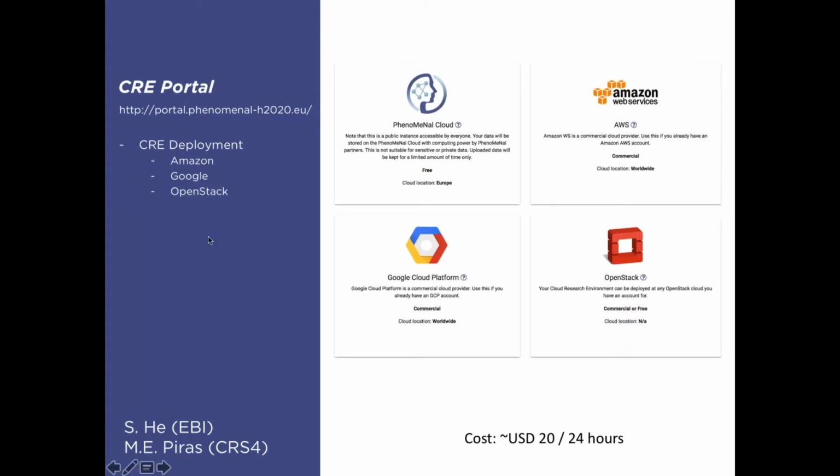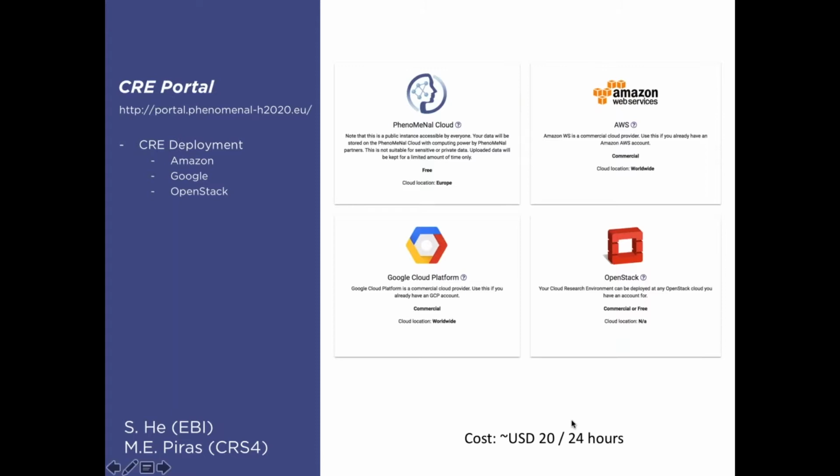The CRE portal, once you are registered, will allow you to deploy to our PhenoMeNal cloud, which is essentially getting an account on our setup, but also to deploy to the Amazon Web Services cloud provider, the Google Cloud Platform, or OpenStack, which is a private cloud provider that many universities have installations of today, and where you might not need to pay anything.